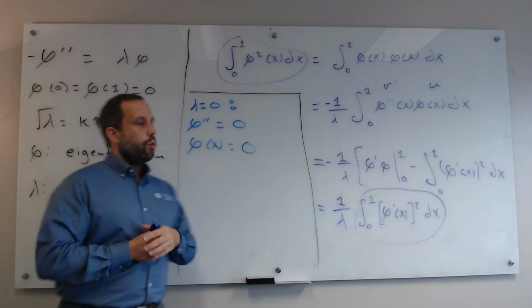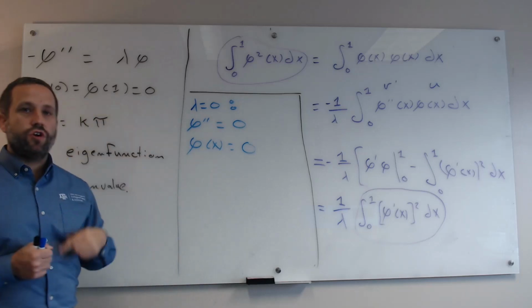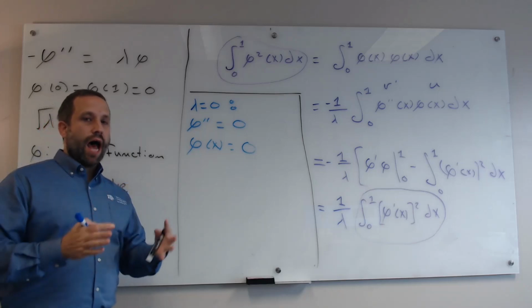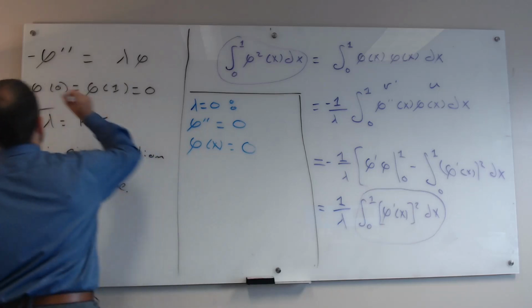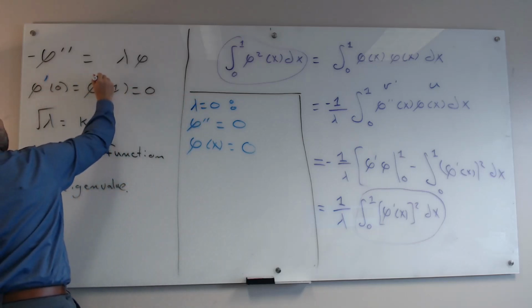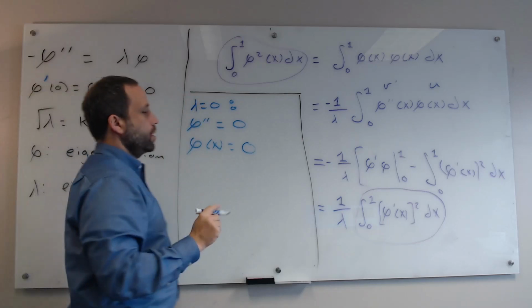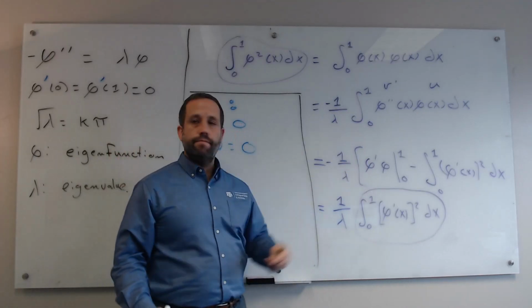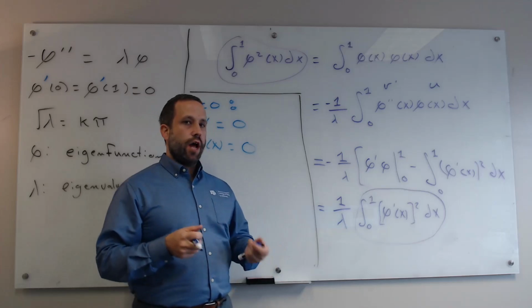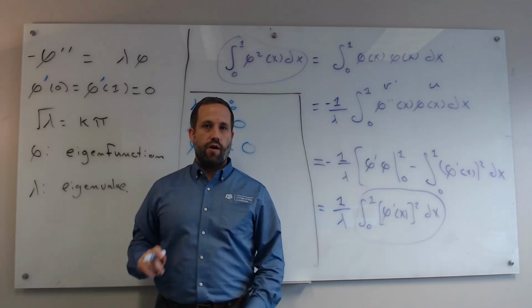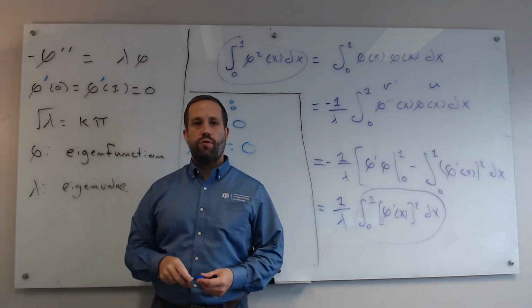Okay, so when you have these boundary conditions, this is called Dirichlet boundary conditions, and lambda equals 0 is not an eigenvalue. But in the example that we see after this, if phi prime of 0 and phi prime of 1 are both equal to 0, it still satisfies a more general boundary condition. Okay, so the eigenvalues are not negative, but lambda equals 0 is an allowed eigenvalue here. Okay, in this case where the derivatives are equal to 0.